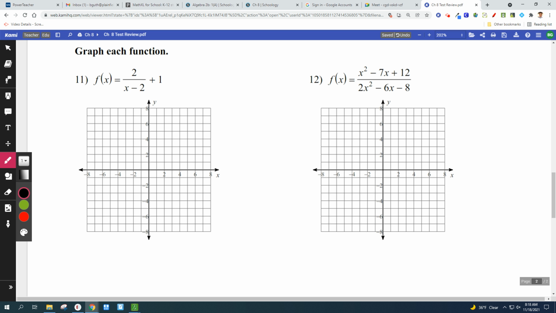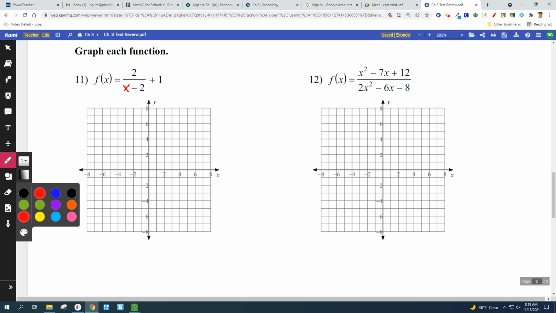Now we're graphing, all right? And I think it helps to understand that there are going to be asymptotes here. When you graph these, and specifically when you have a variable on the bottom, there's probably going to be an asymptote somewhere: horizontal, vertical, oblique, maybe. So what do we do?